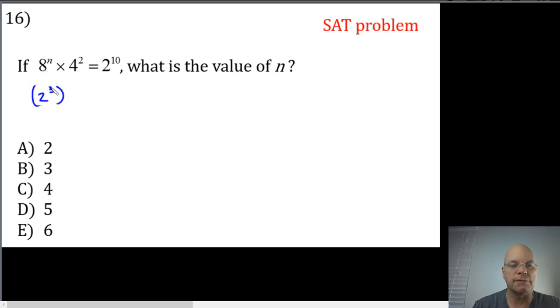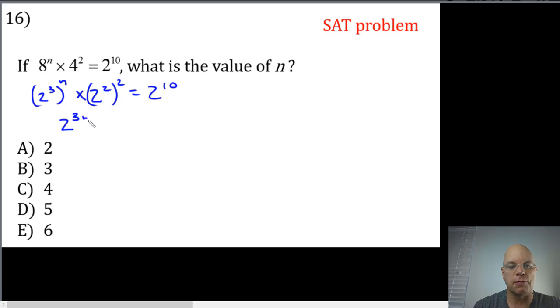So if you substitute 8 for 2 to the third power, I can rewrite this as 2 to the third power to the nth power times 4, which is also a power of 2. It's 2 squared. So times 2 squared to the second power equals 2 to the 10th power. Now we can use our laws of exponents. A power of a power, you multiply these exponents.